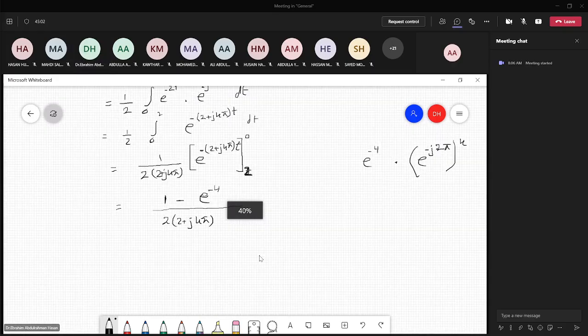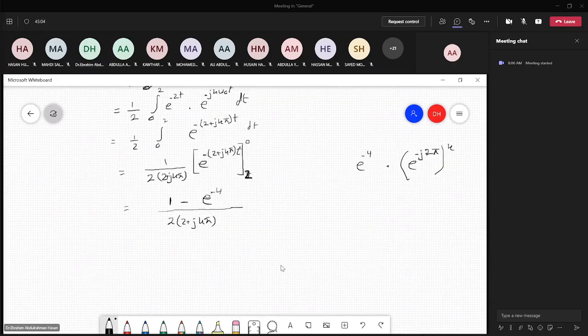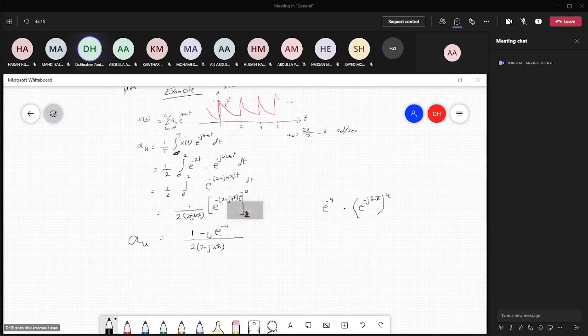Then if the question asks only for the coefficient, this is the coefficient for the Fourier series, AK. If you want to find the x of t, then just substitute this one in x of t here, then you have it.